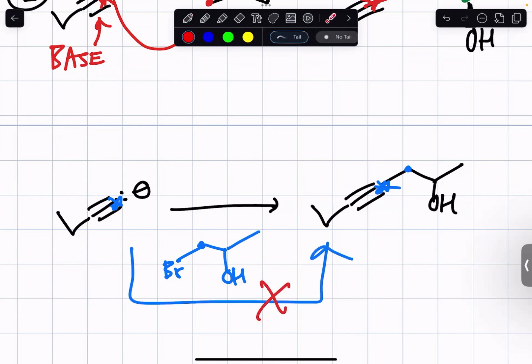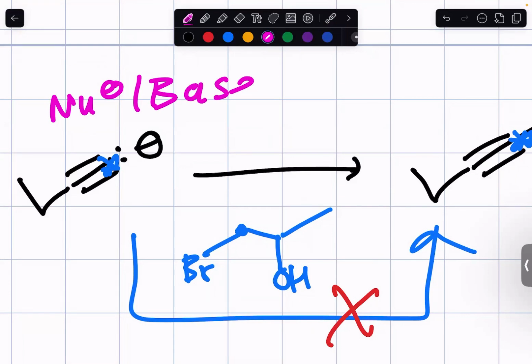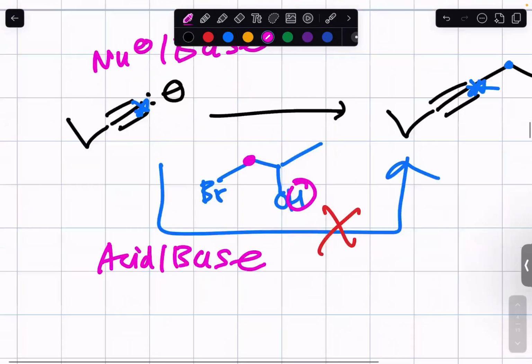The reason why is because this is a base or a nucleophile, depending on what the reagent is. We have an electrophile here. We have an acidic hydrogen here. In OChem, think of acid-base reactions as one of the fastest reactions you have.